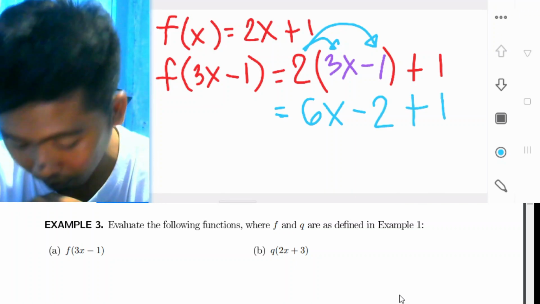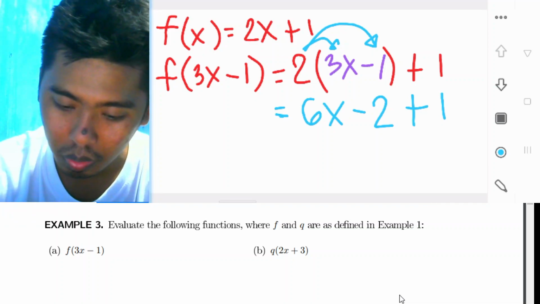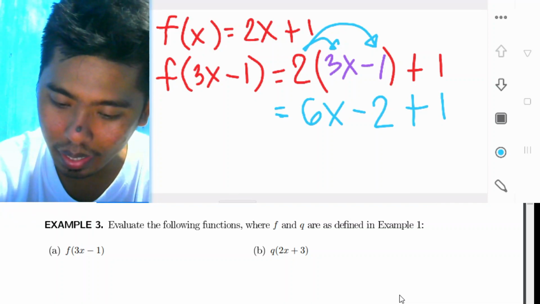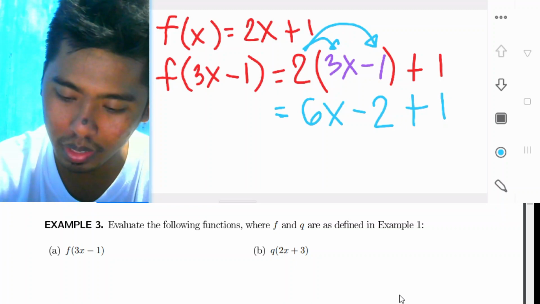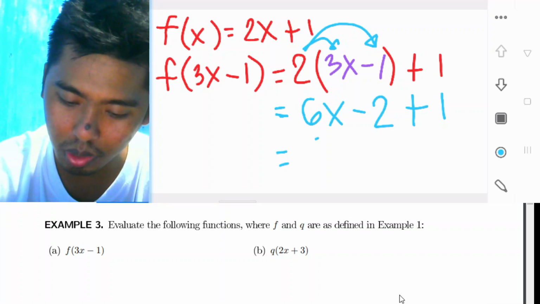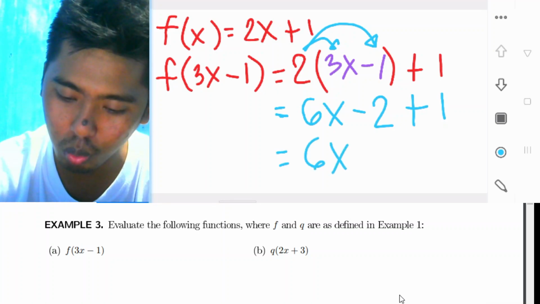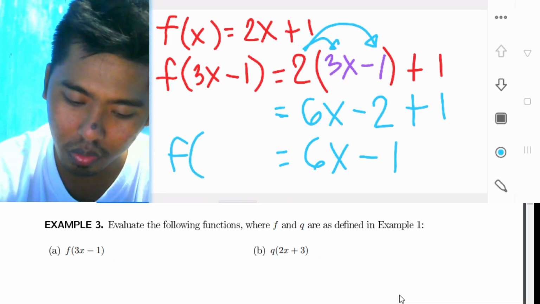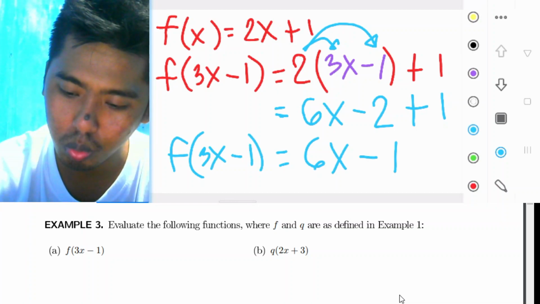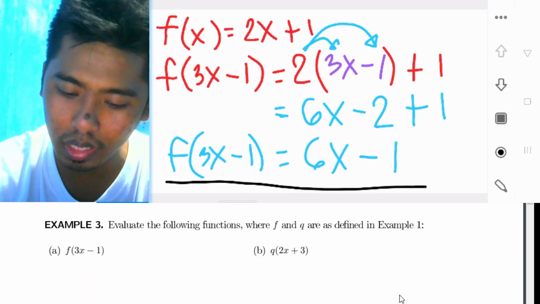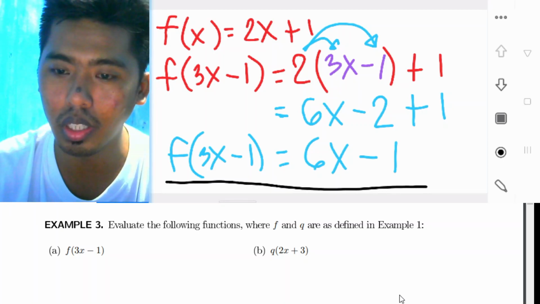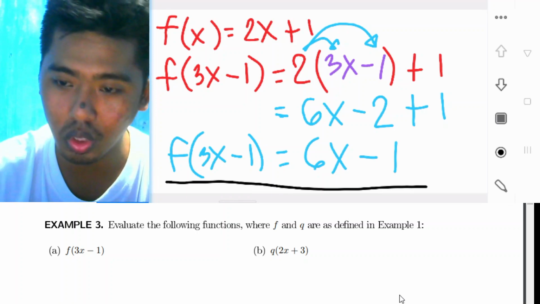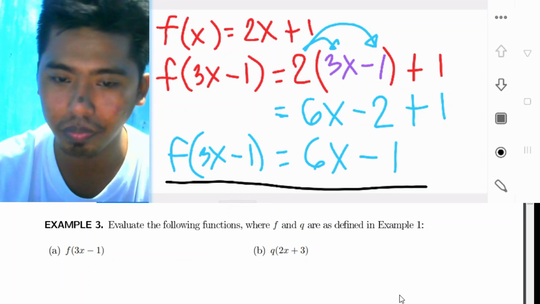Now just simplify the constants. So this will become 6x, negative 2 plus 1, that would be negative 1. So f of 3x minus 1 would equal 6x minus 1. Okay, so that would be your answer, 6x minus 1.